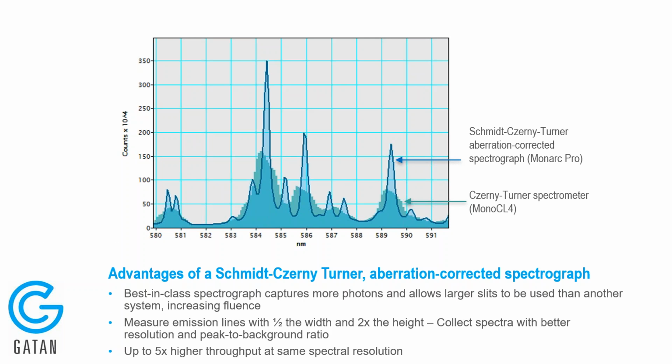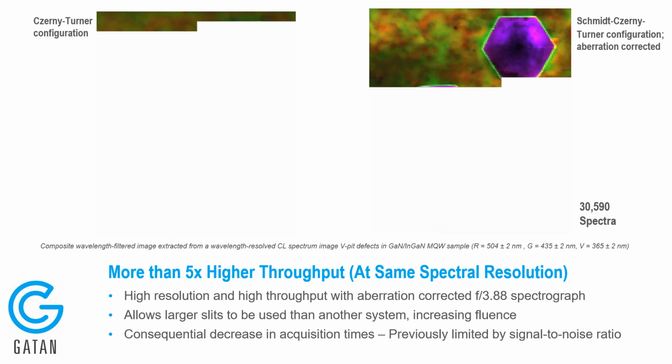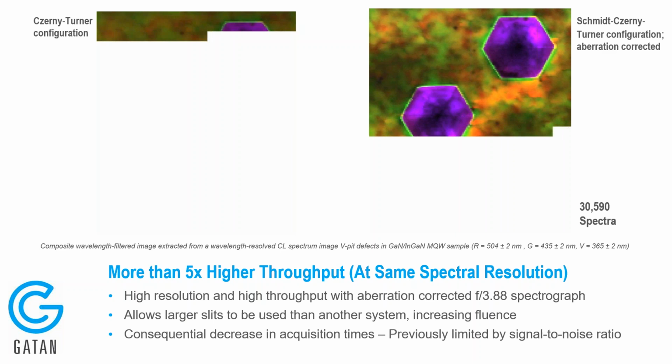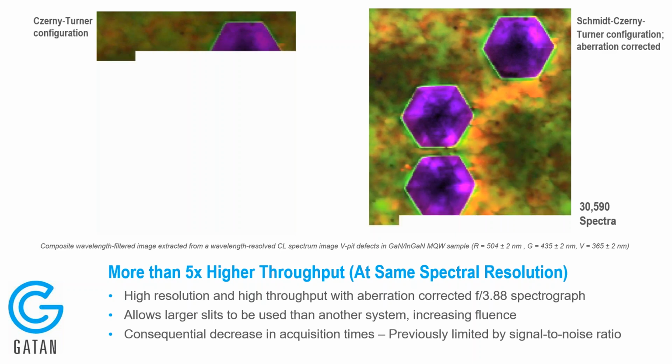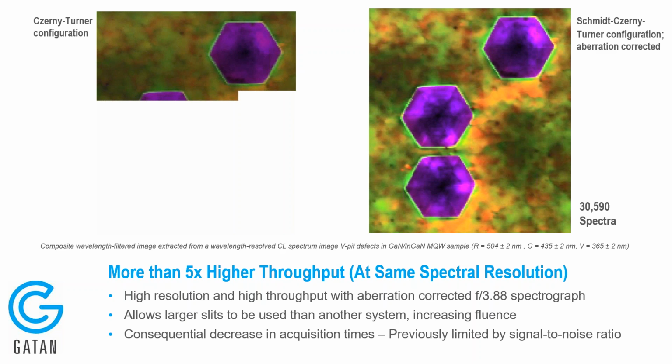But if you're performing hyperspectral imaging or spectral imaging where you're collecting many, many spectra, for example, in this data set here, 30,000 spectra, that decrease in acquisition time that you can achieve using this improved optical design spectrometer means that you can collect spectrum images much, much faster than you were able to with the previous generation of technology. This is a big improvement in being able to collect sharp spectra and sharp hyperspectral data, so spectrum images.